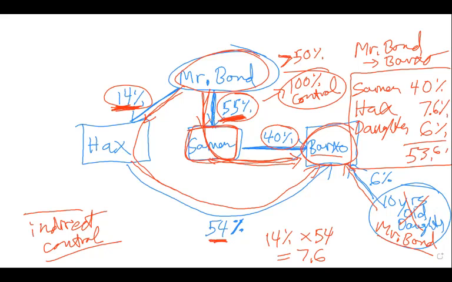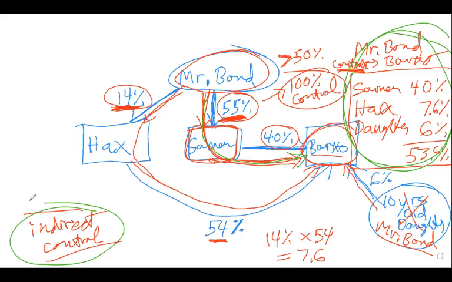So we have passed our magical threshold. That means that Mr. Bond controls Barkso, and this right here is Y. So he controls Barkso through that. That is what we talk about when we say indirect control.